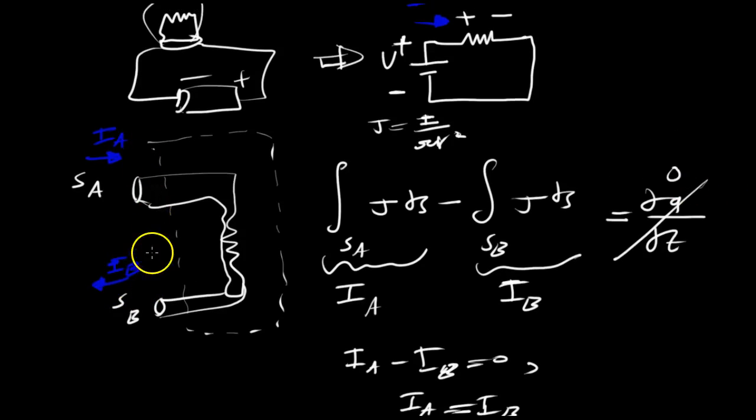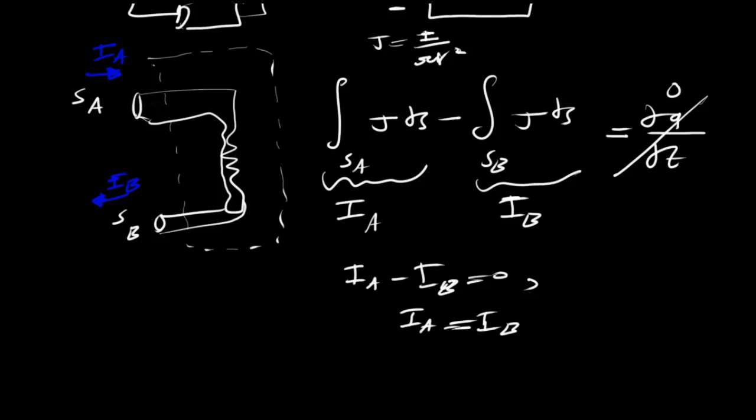So we can see that in this particular situation, the Kirchhoff law is a simplified version of Maxwell's equations. It's basically an algebraic form in a simplified case of Maxwell's equations, which is much easier.